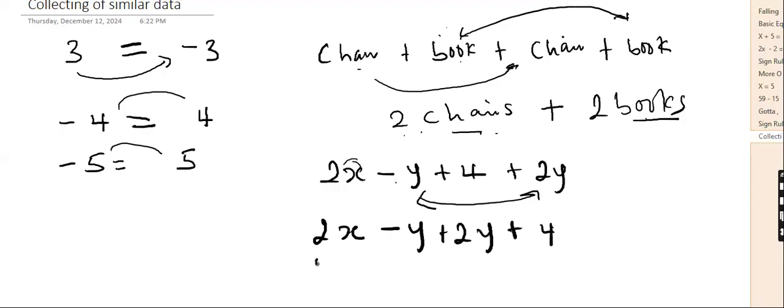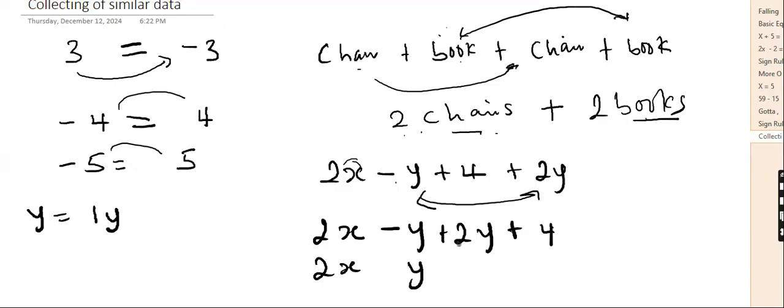And at the end of the day, we can as well treat this 1. So -y plus 2y. Now, a letter in algebra means 1. For example, if I write y, it's the same thing as writing 1y, right? So what this means is that -1y plus 2y, right? The signs are different. I'll subtract, I'll get y. Is that okay? Which is 1y, but we don't write it as 1y.